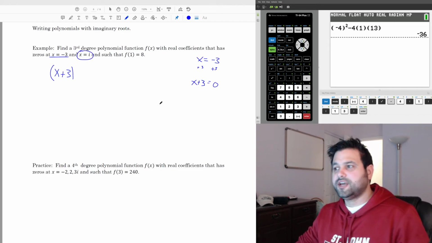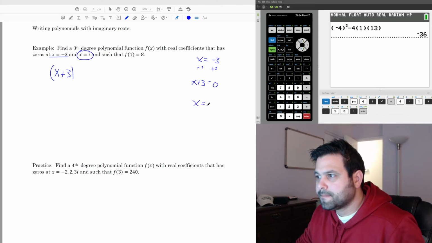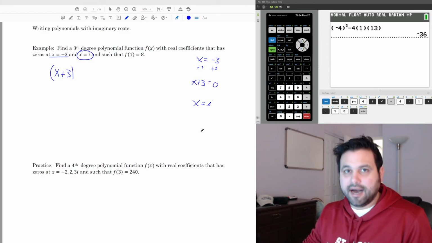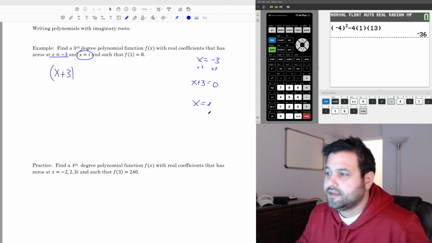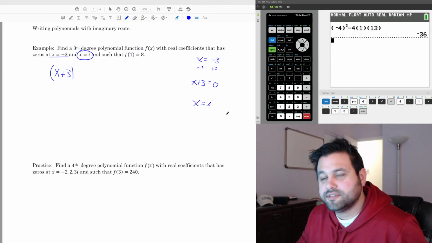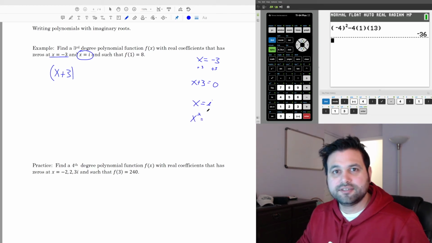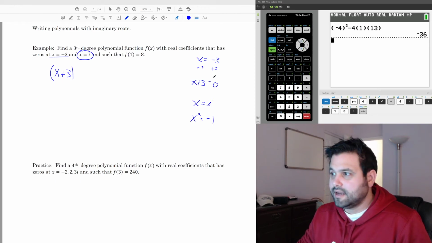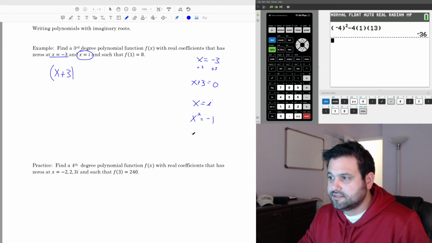So that's what we're going to do with this piece. But the first step is we're going to get rid of the i. So how do we get rid of an i? Well, we square it. So we have to square both sides. So x squared equals, what's i squared? -1. Now do this idea where we just set it equal to 0, so add 1 to both sides.